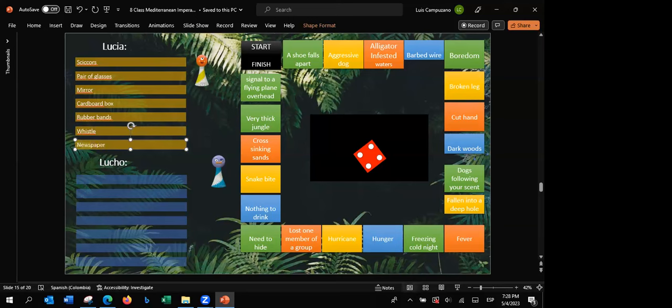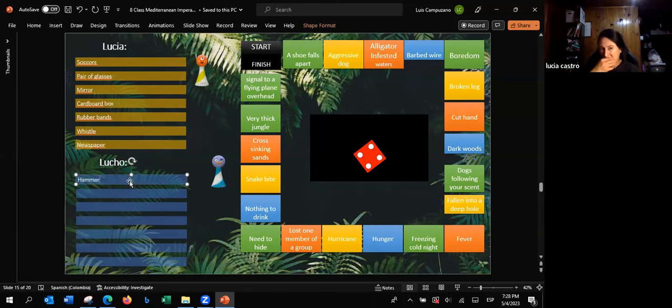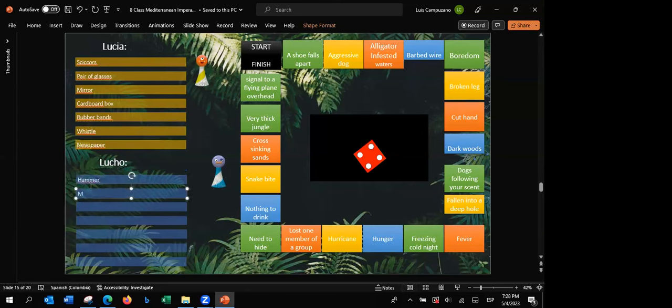Okay, I chose some of the ones that you chose. I chose a hammer. I chose a magnet. I chose a sewing thread. I also chose glasses.